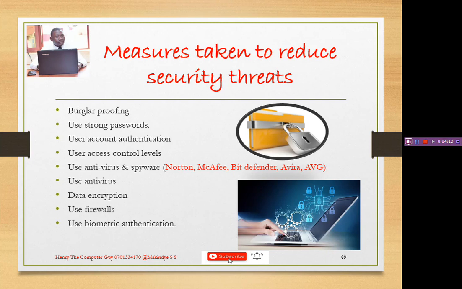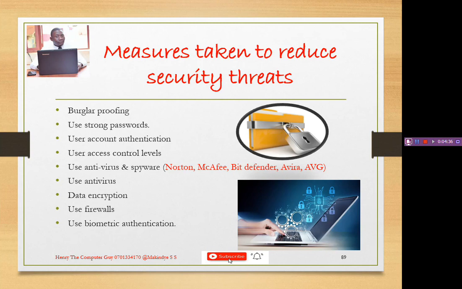And they're telling us we can also use what we call biometric authentication. You want someone to access a building, you can either scan their fingerprint, their iris, their entire face, or the hand geometry. So you can use what we call biometric authentication.